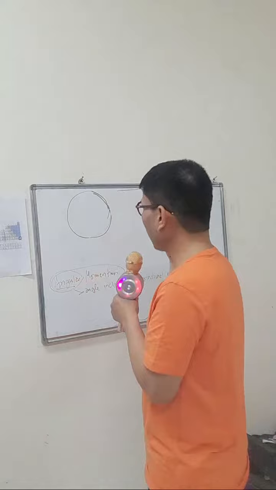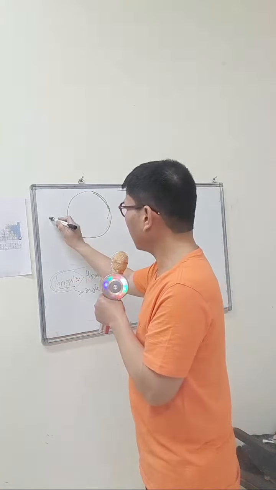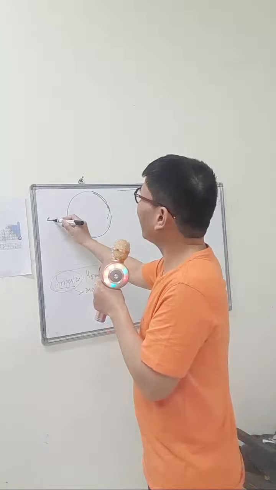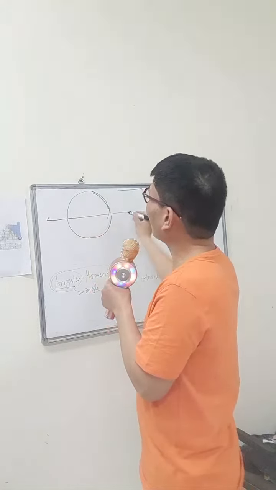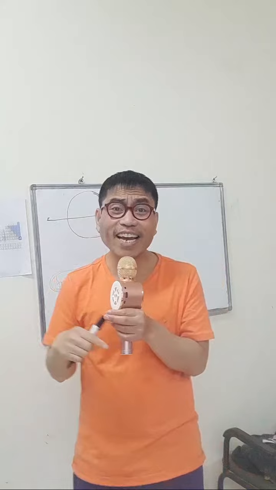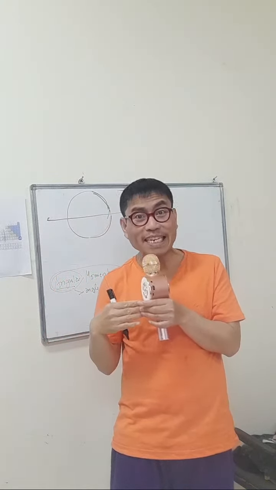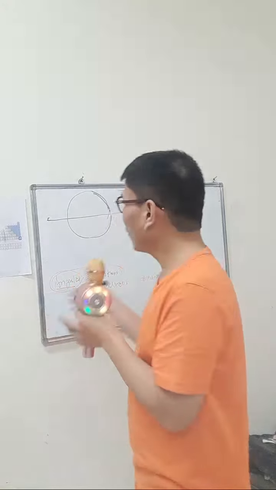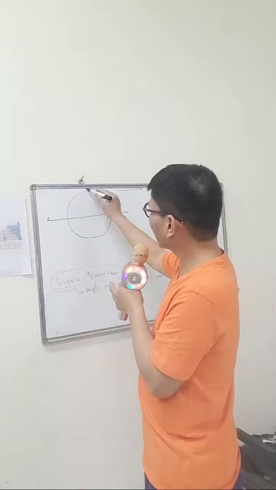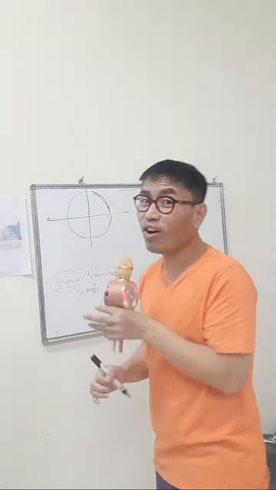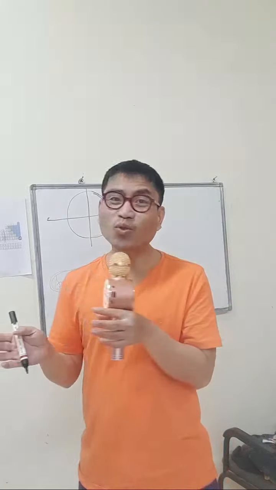For example, if I have here an equator, like the x-axis halfway in the circle, or shall we say the prime meridian, and then we also have the vertical, let's say longitude.